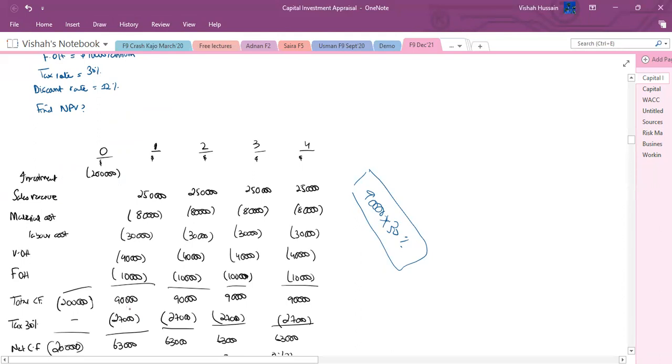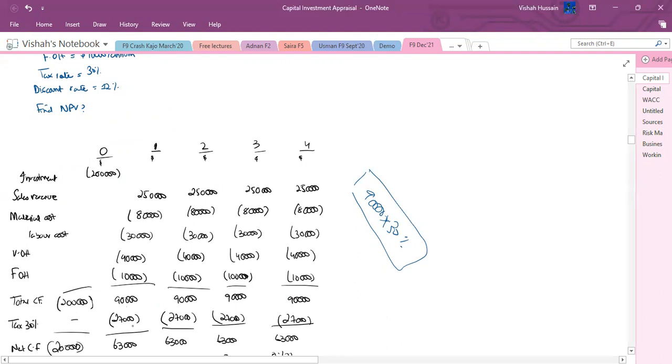So basically, the tax amount is paid on the profits. So 90,000 are your profits. So 90,000 into 30%, because the tax rate was 30%. This gives you $27,000 of tax.